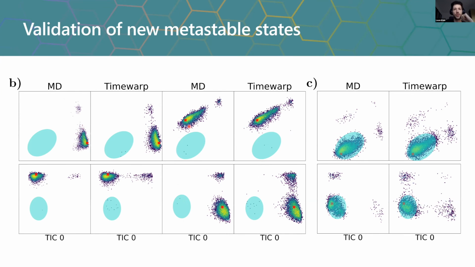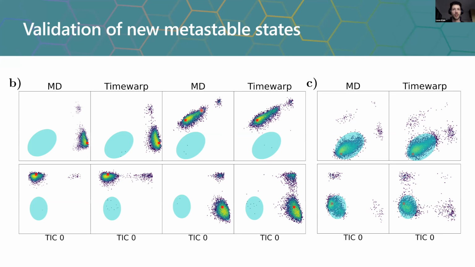You can see we start in different ones, and some MD trajectories actually transition to the metastable state proposed by the Timewarp exploration algorithm, but initially missed by MD and Timewarp MCMC. This is the case for both. The Timewarp model finds these as well, but these cannot necessarily be trusted. Okay, so how do you reinitialize the MD? We look at the long MD trajectory, then we pick different metastable states that were explored there.